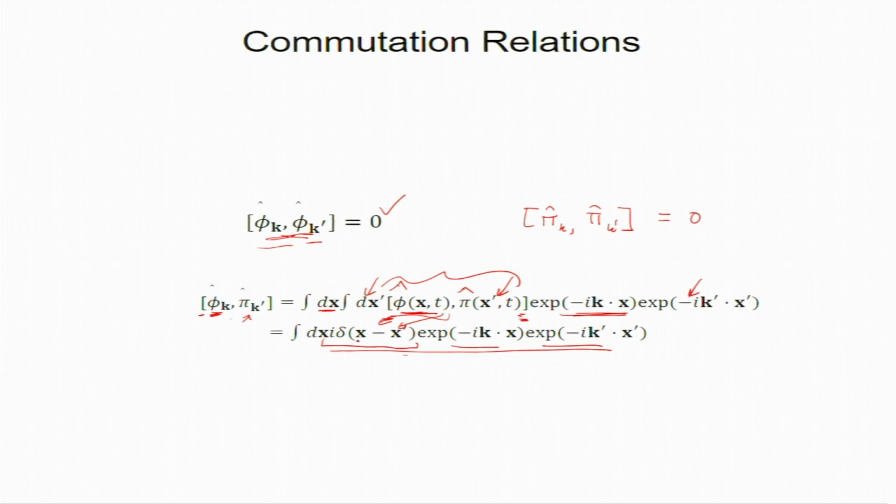Now, what will it give us? x equal to x prime, I just replace x prime equal to x, then what will I get? e to the power i minus k plus k prime dot x, integrate this, what do I get? I will get a delta function and this 2 pi will also come, right, 2 pi times the delta function, and in 3D it is going to be 2 pi cubed, and I forgot this i here, this should be i, the square root of minus 1.